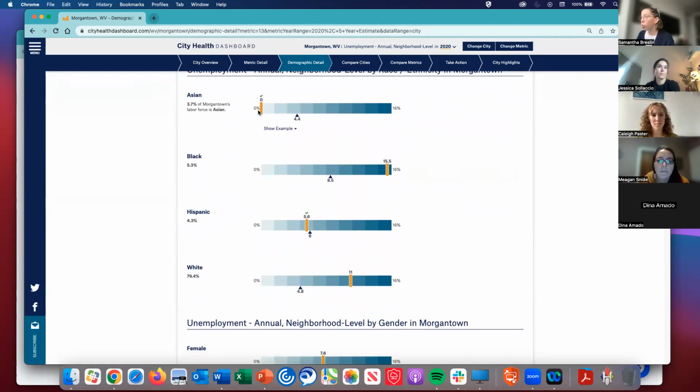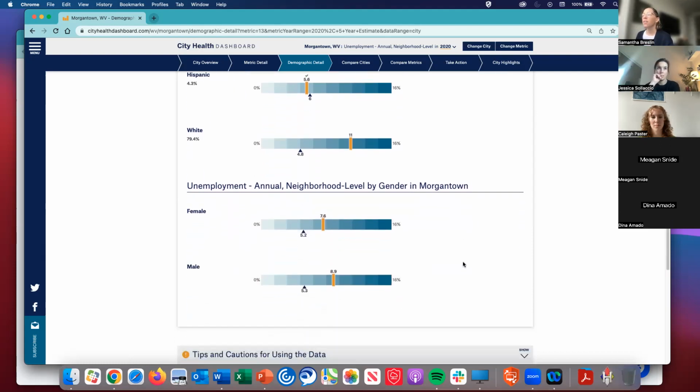So you can see the unemployment for Asians is almost 0%, versus for Black residents the unemployment rate is 15.5%. And so the different racial ethnic groups have very different unemployment rates. And we also provide these data broken out by sex for unemployment as well.